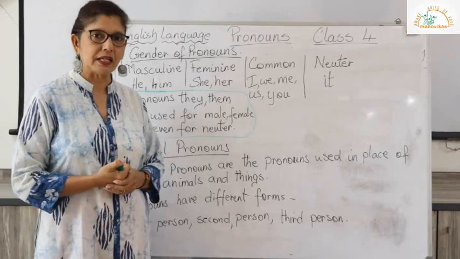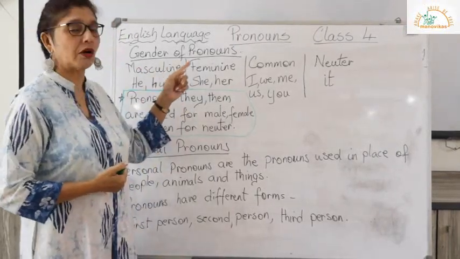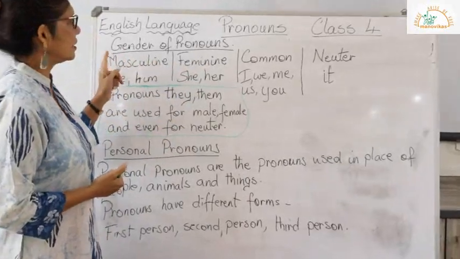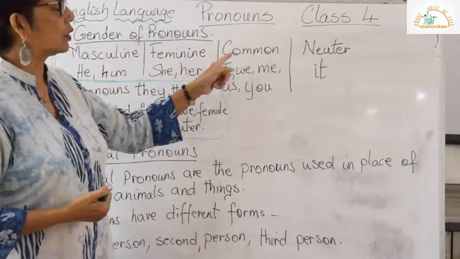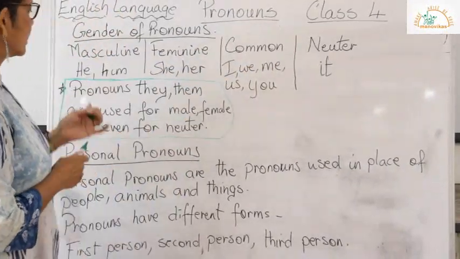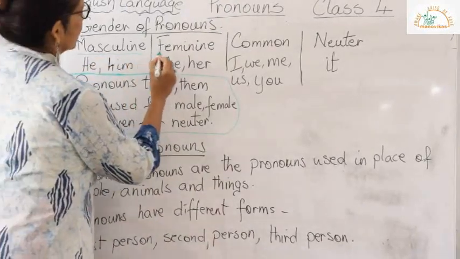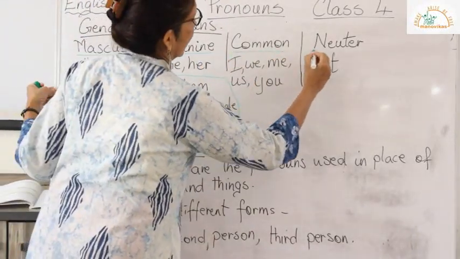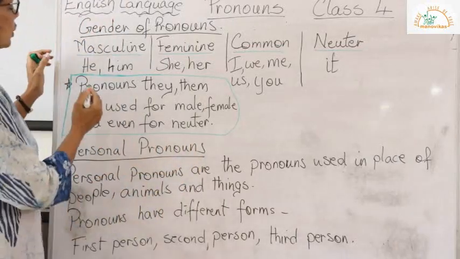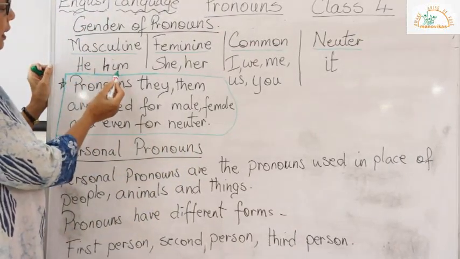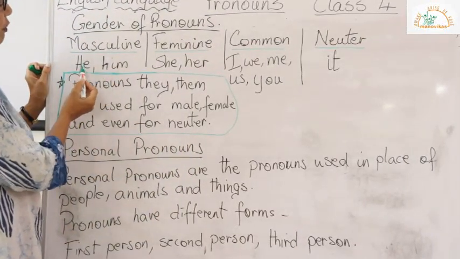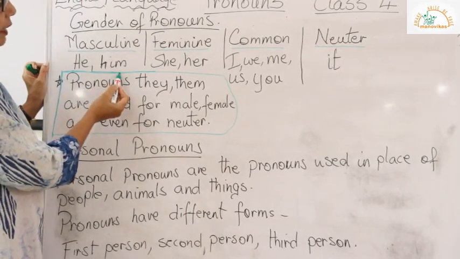Like we have gender in nouns, we also have gender of pronouns. That is masculine, feminine, common and neuter. Same gender. In masculine we have he and him. The masculine form of pronouns, he and him.